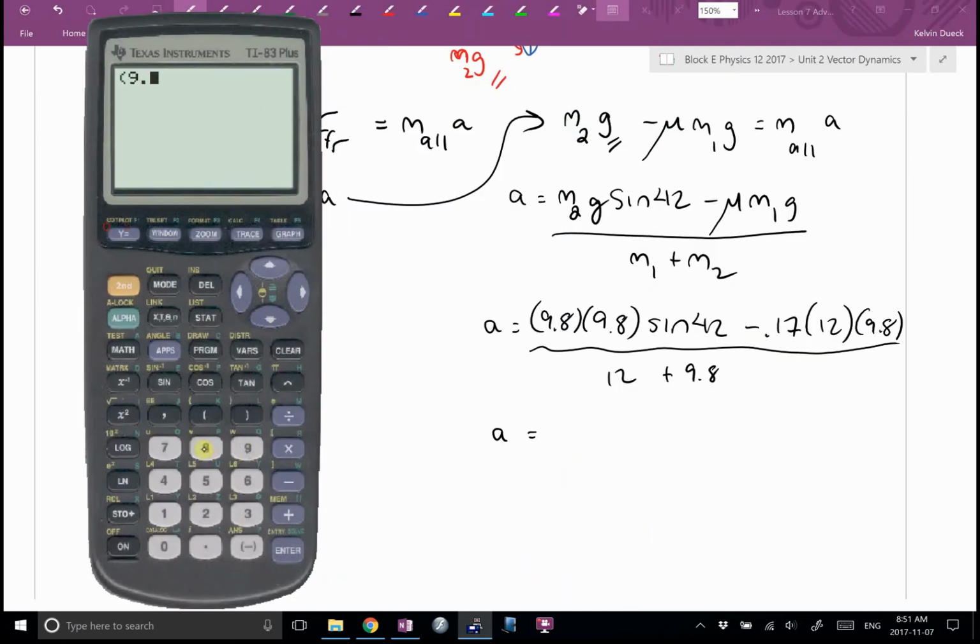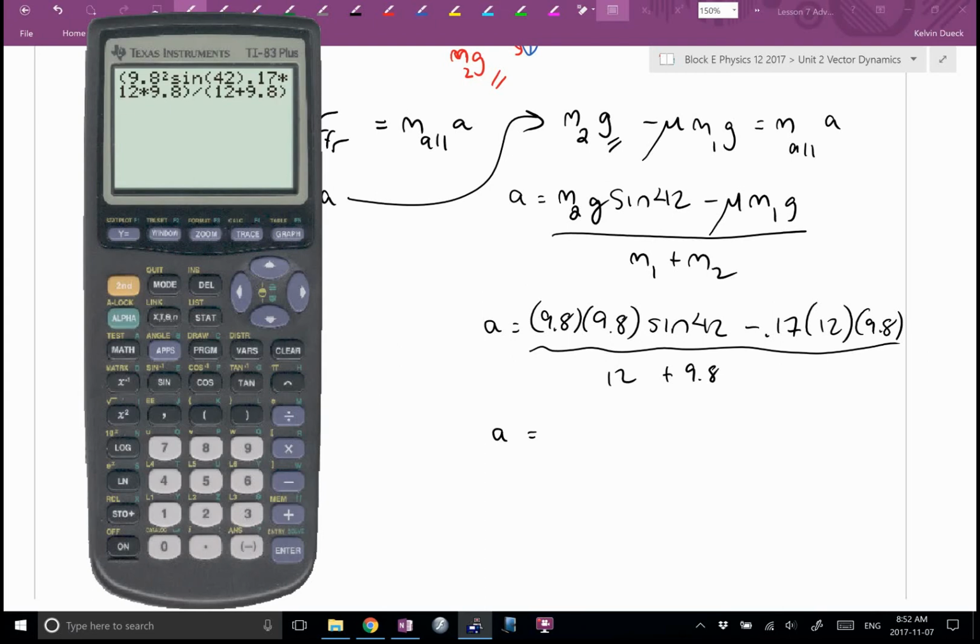I'm going to be really clever since it's 9.8 times 9.8. I'm just going to hit my squared button because I can there by a fluke. Sine 42 minus 0.17 times 12 times 9.8. Close off the top. Divided by bracket 12 plus 9.8.